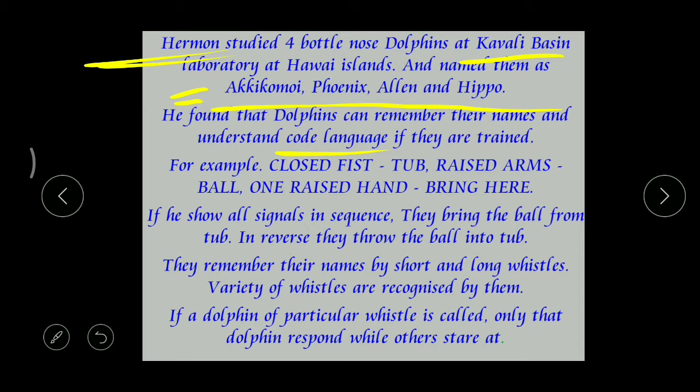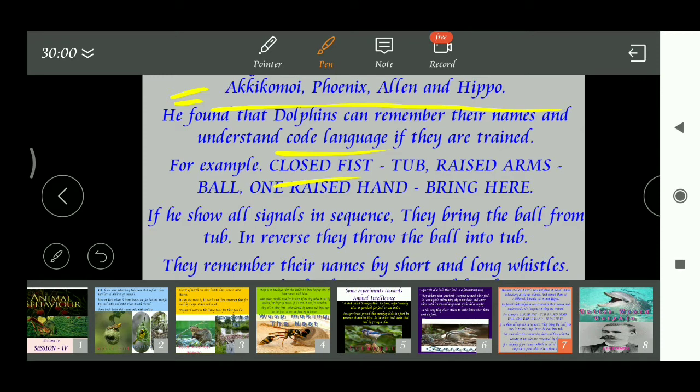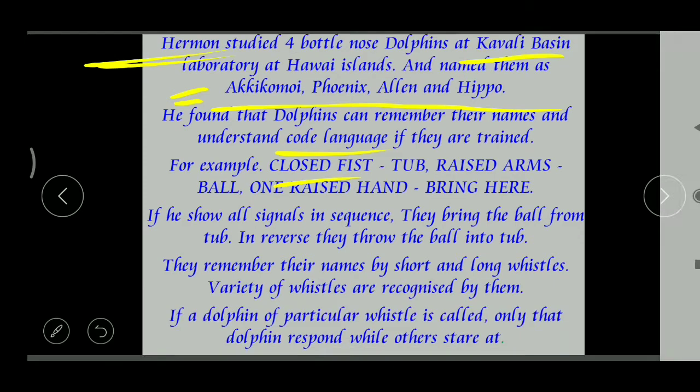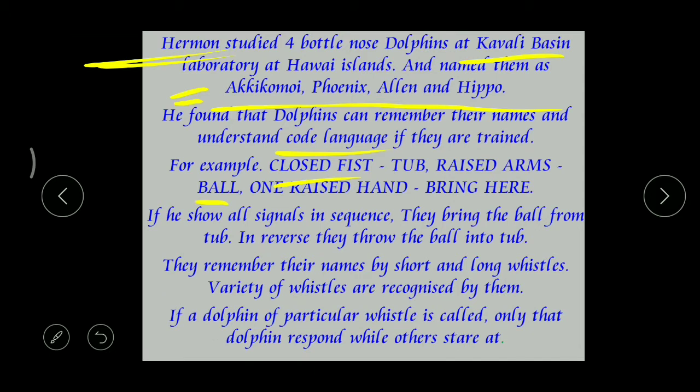So, for example, here a closed fist. This is one kind of code. What is the meaning of this? It means a tub. Then raised arms, when both arms are raised, just like a handset, what is meant by that? It means a ball.